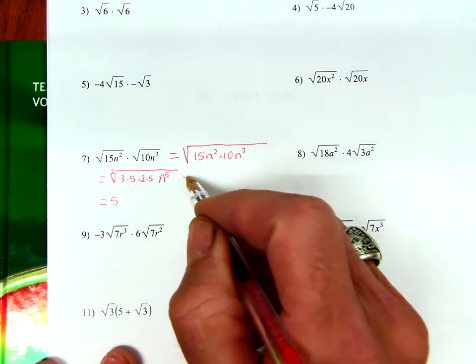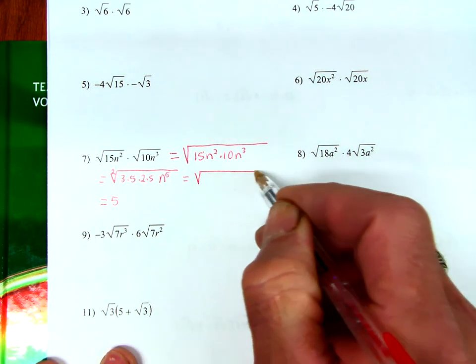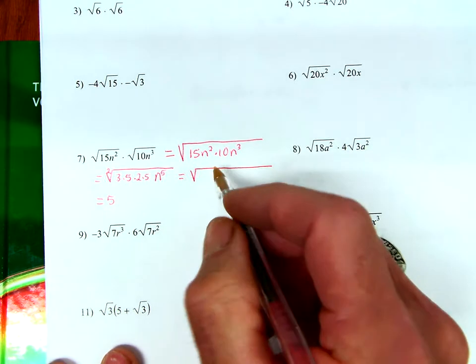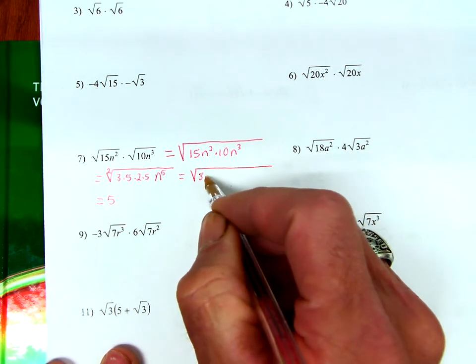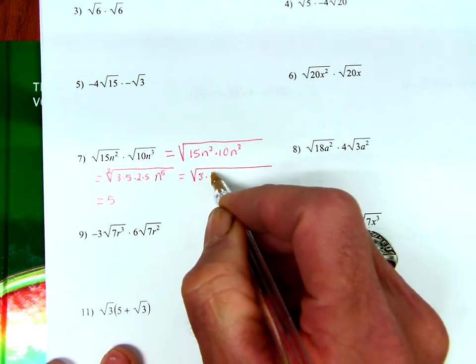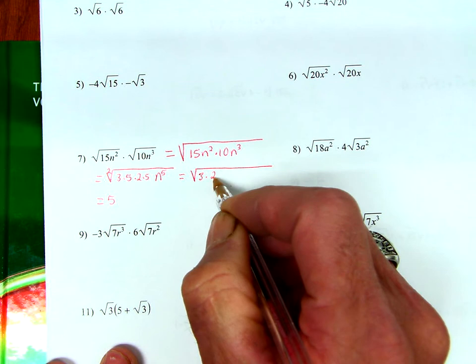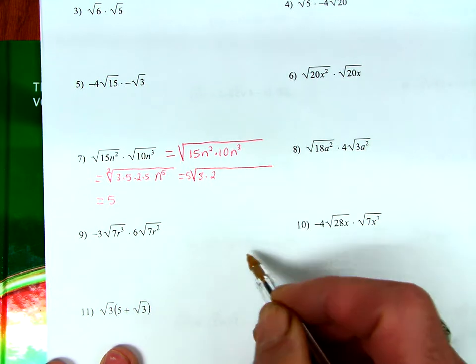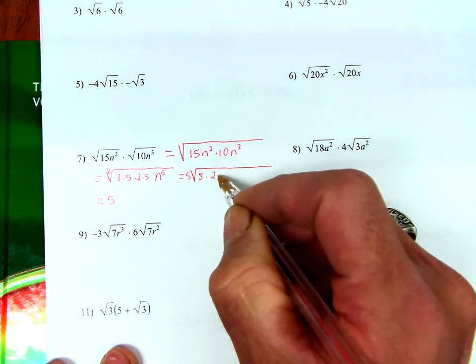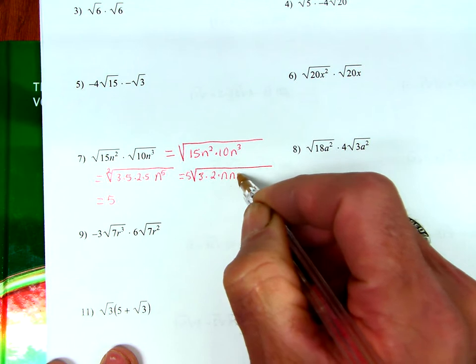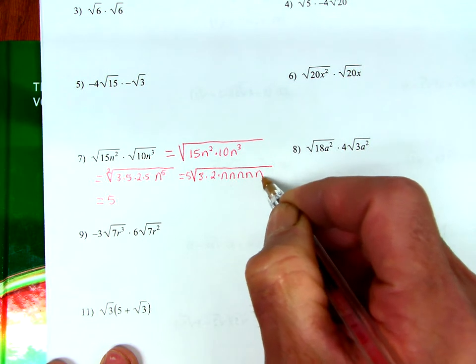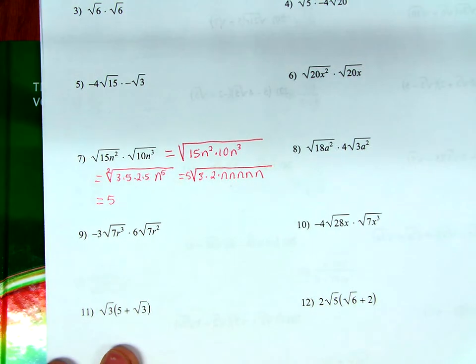But let's see how that happens. Okay, so we have 3 times 2 with a 5 on the outside times 1, 2, 3, 4, 5 n's.